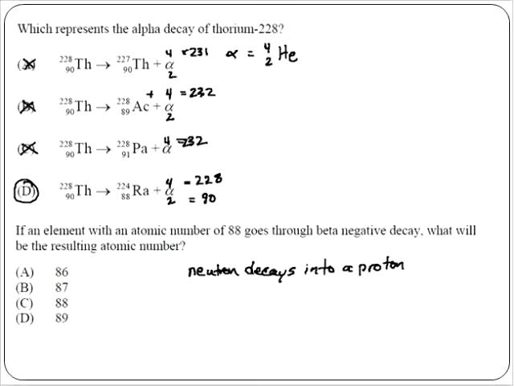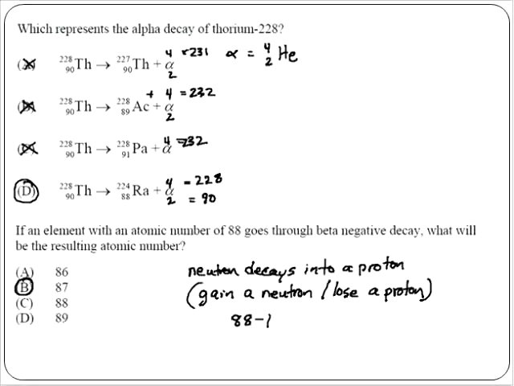So in other words, we lose a neutron, but by gaining a proton, that's the process. So if we gain a proton, I've got 88 plus 1, so the atomic number would now be 89.